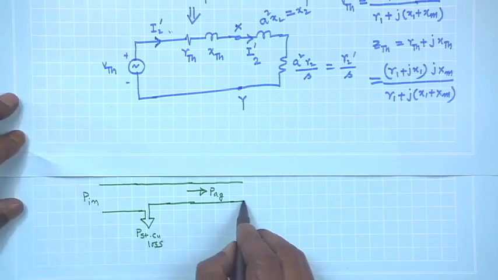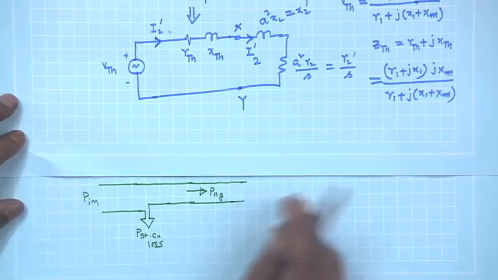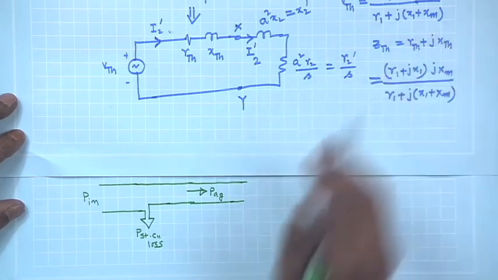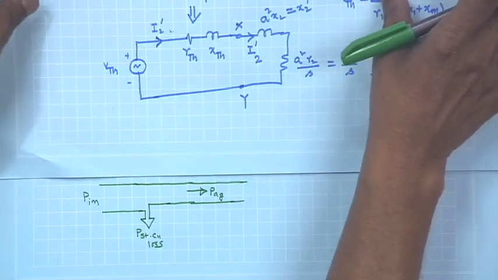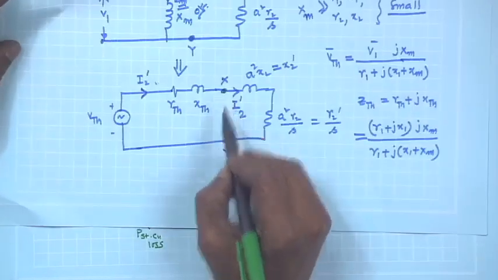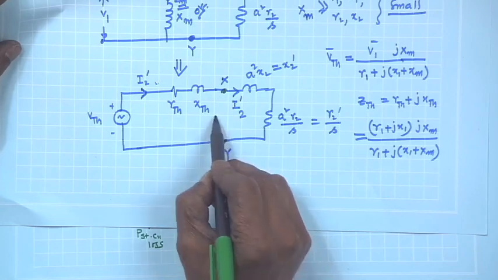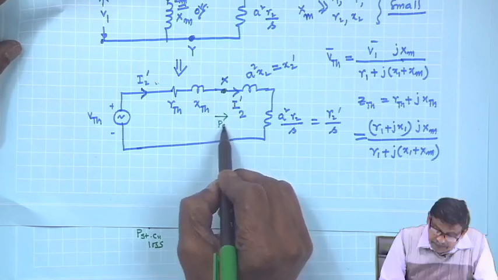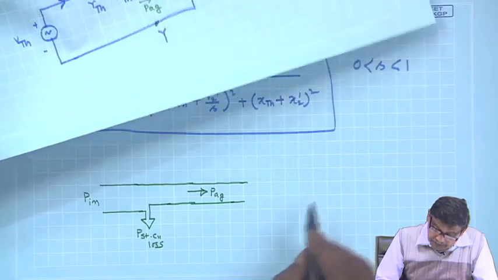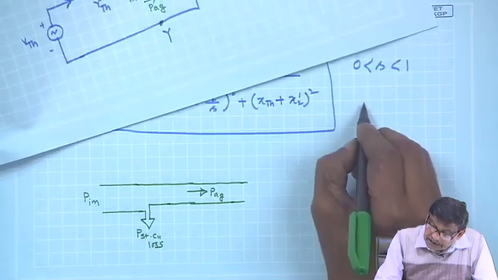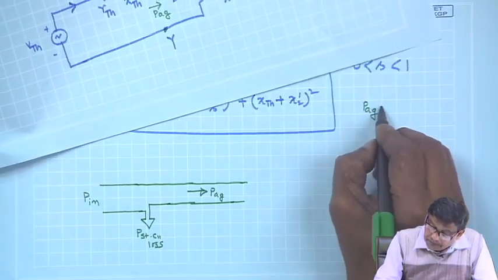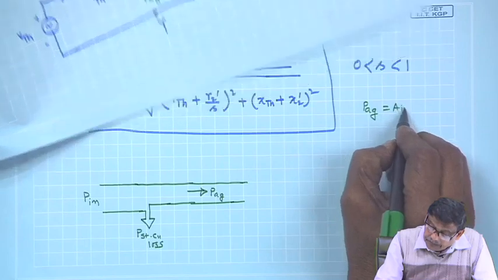In the rotor circuit it starts from here, that is PAG, which is called air gap power. PAG, a very important term, air gap power.